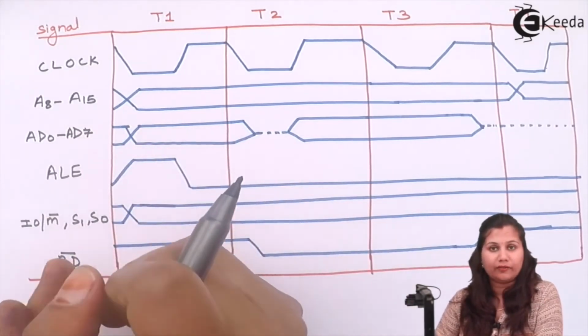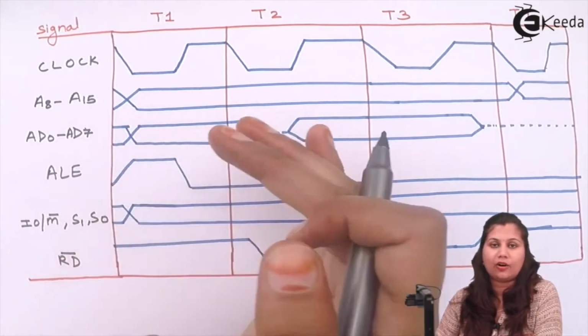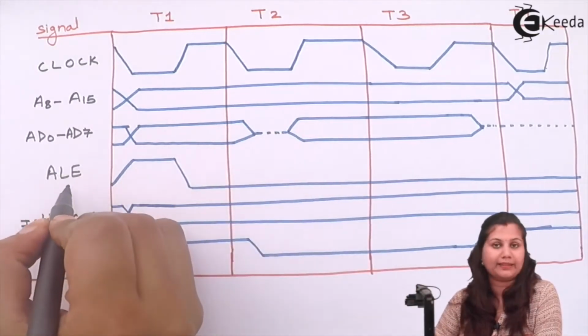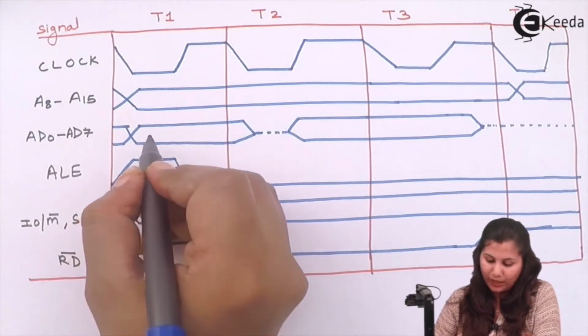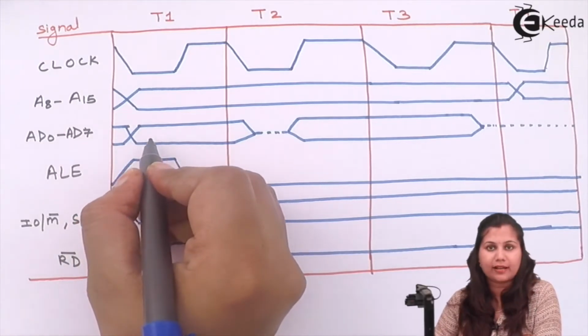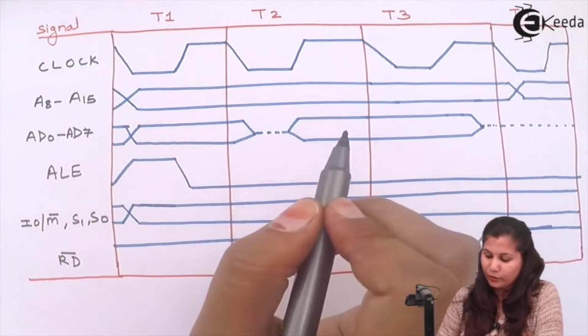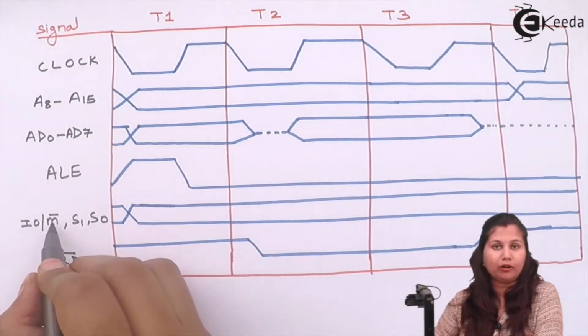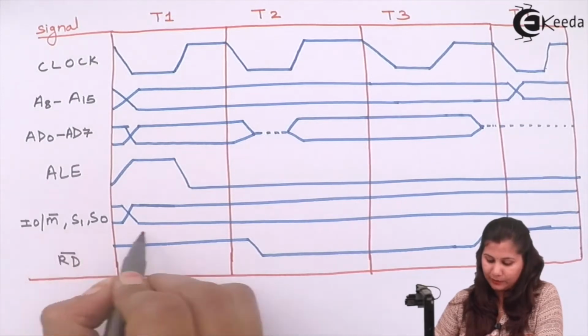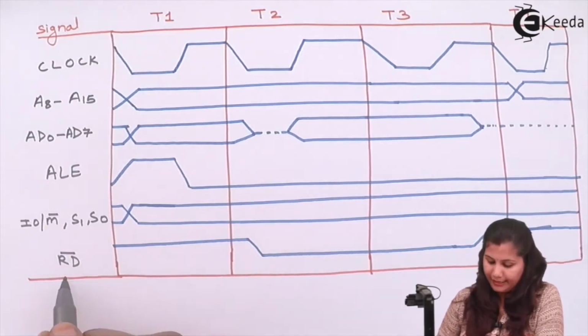How can you differentiate whether it is data or an address? This is shown by the ALE signal, address latch enable. If it is 1, it means that the address is available here, and if it is low, it means data is available here. Then we have IO/M, and then S1 S0, the status signals.